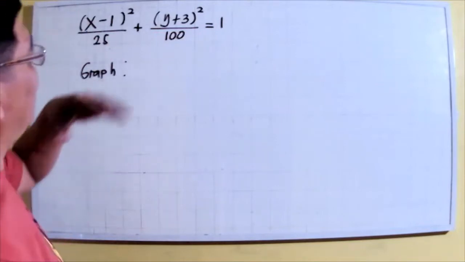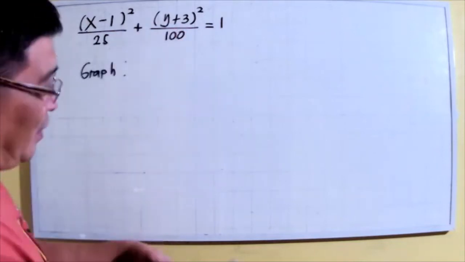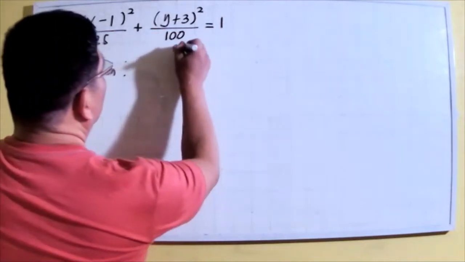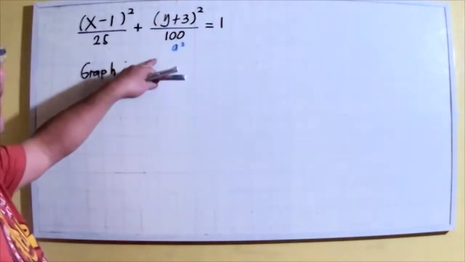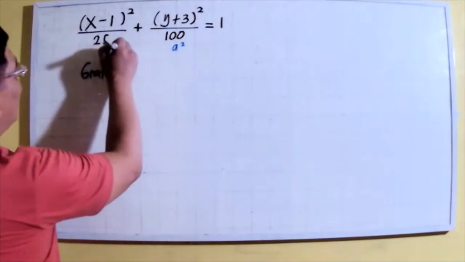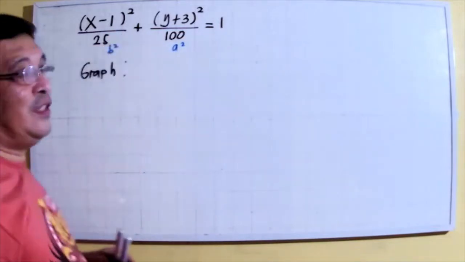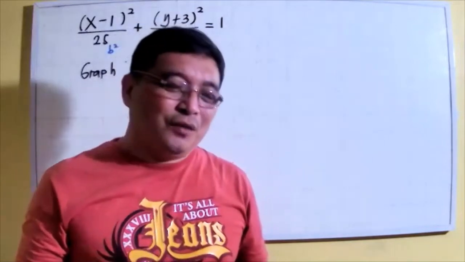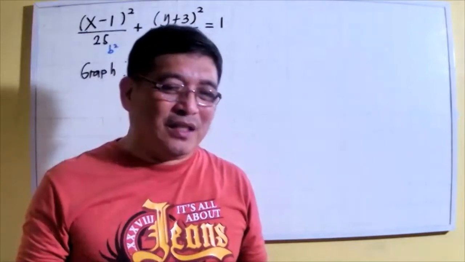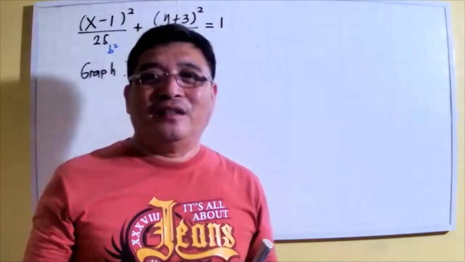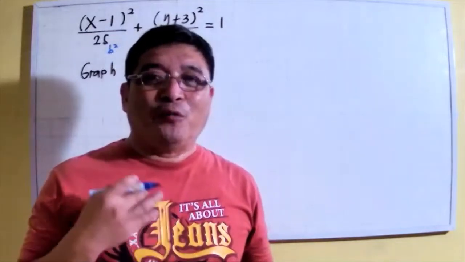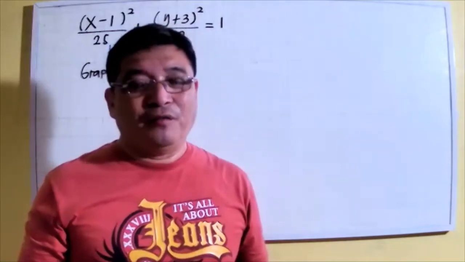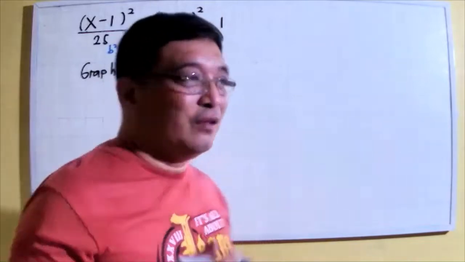Now, the bigger denominator is 100, so we have a² is equal to 100, and b² is equal to 25. Now, to find the value of c, which is the distance from the center to the focus, we have to find it to be able to have the coordinates of the foci. Now, let's find it.